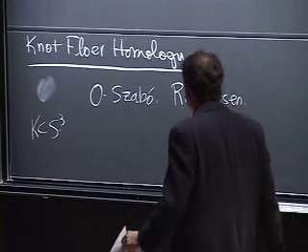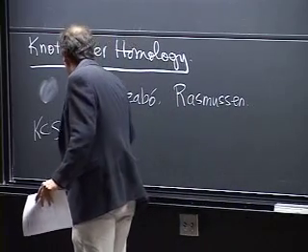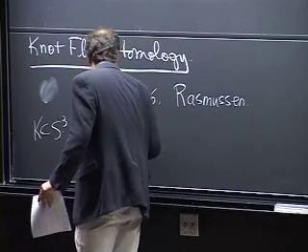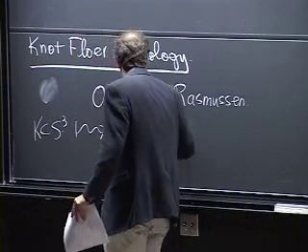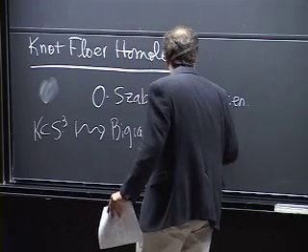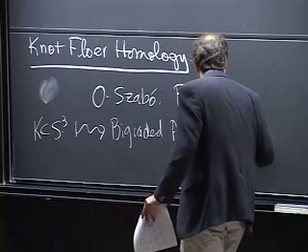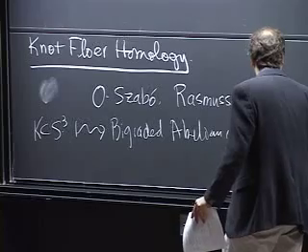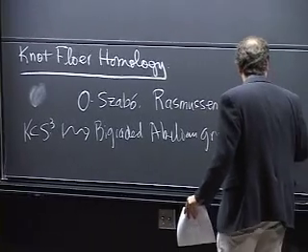And it associates to a knot in the three-sphere a bigraded abelian group. I'm going to write it as HFK hat of K.